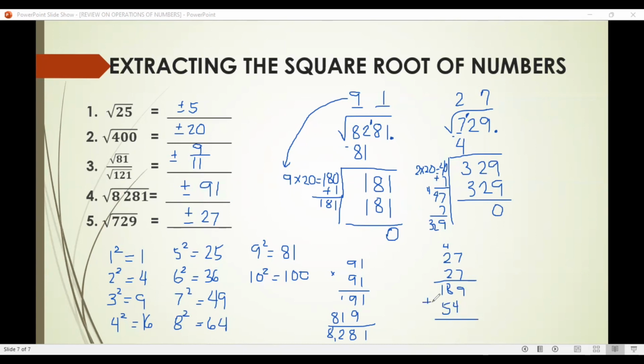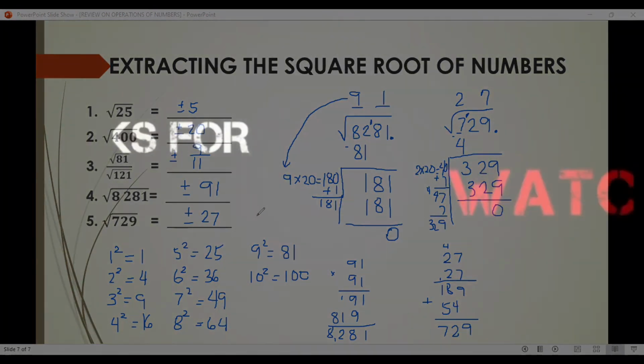Getting the sum of these partial products, we have 9. And 8 and 4 is 12. We regroup 1 and 5. That is 729. So that is the number that we just extracted. Therefore, we have the square root of 729 as equal to positive negative 27.